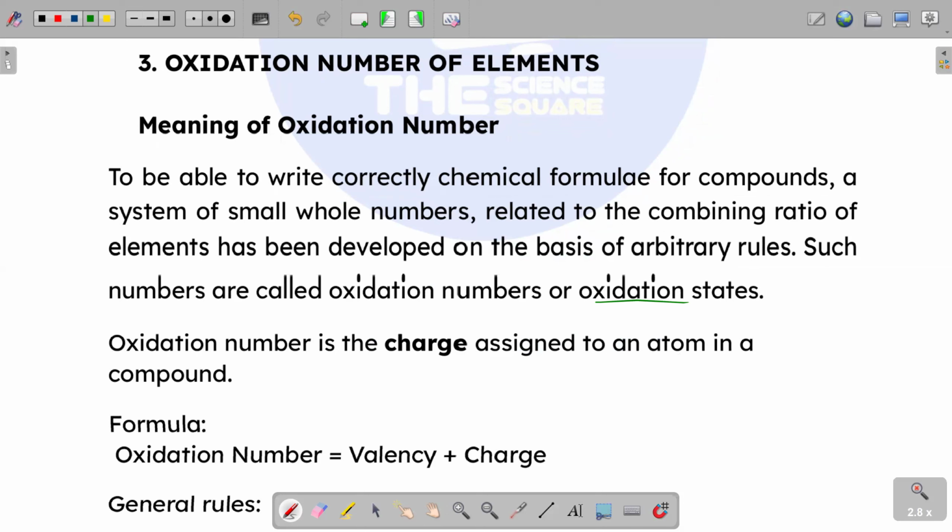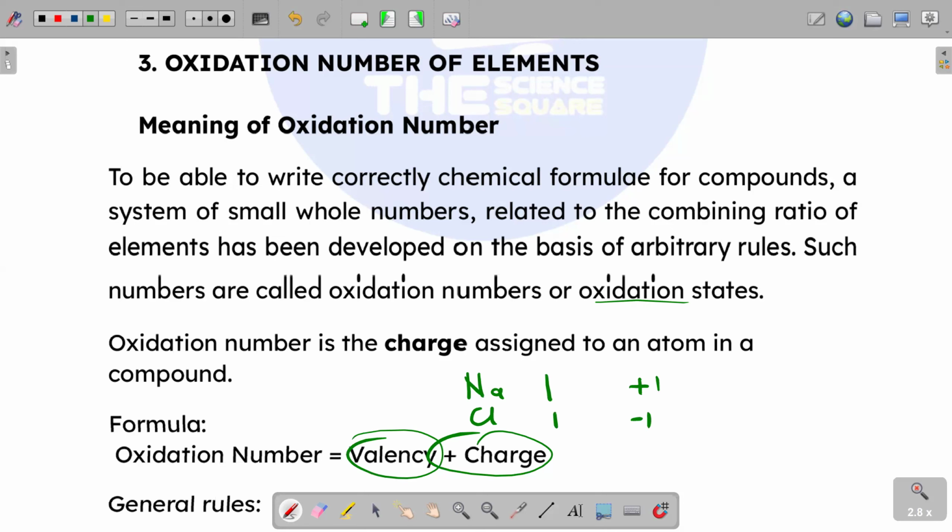So usually the oxidation number, usually, not all the time, is a combination of the valency and the charge. Okay, for example, sodium has a combining power of 1 as its valency, and it has an oxidation state of +1. Okay, chlorine has a combining power of 1, and it also has an oxidation state of -1.